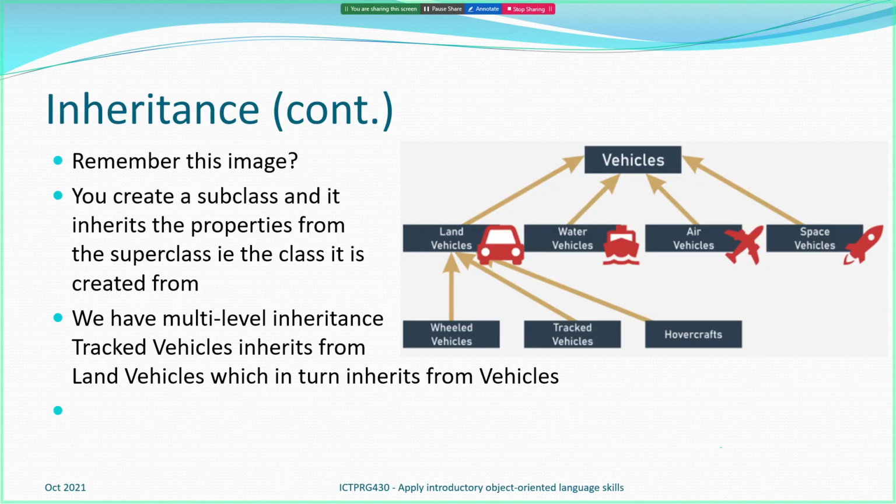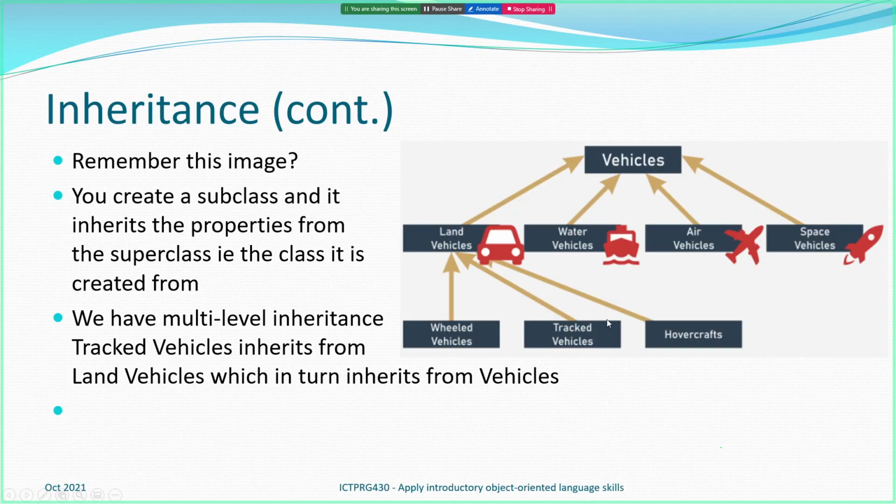So if you cast your mind back, you'll remember this little image. This is to highlight what we're talking about with the inheritance and different levels of classes. So Python works from the bottom up in as far as tracking itself. So when it comes to finding methods or properties, it starts from the bottom of the inheritance tree.